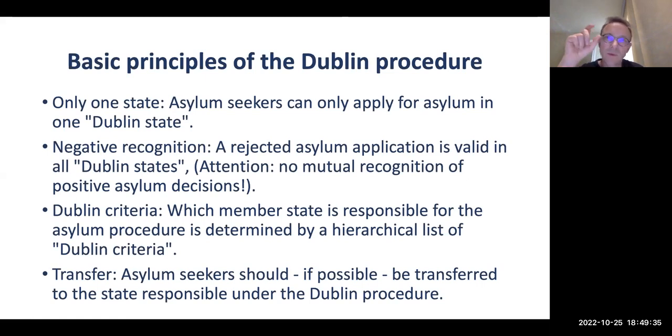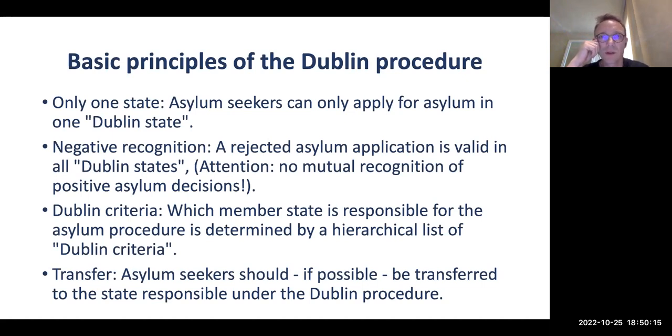The person can move, when they have travel documents, to another country in a way of visiting, but cannot establish themselves with the status received in a second EU country. So it's very important to acknowledge that you have a negative recognition, but you don't have a positive asylum decision recognition in Europe.